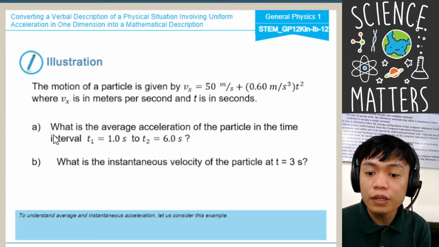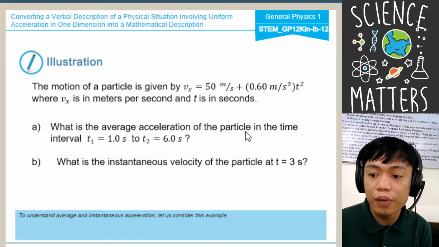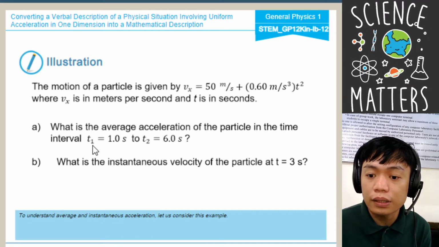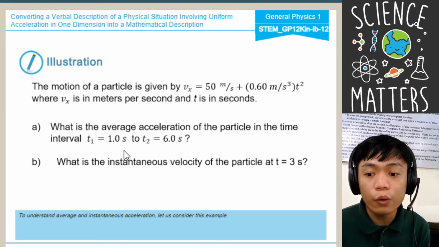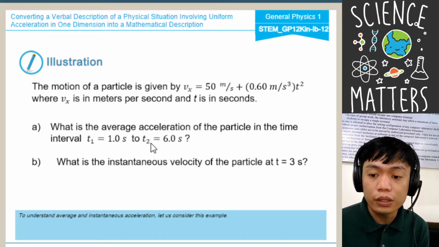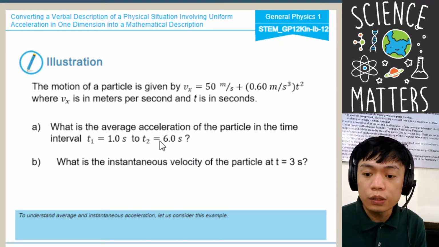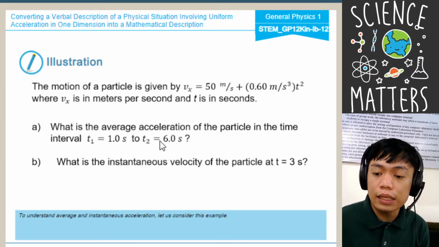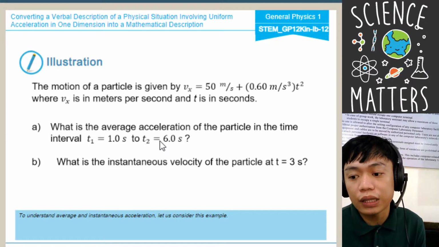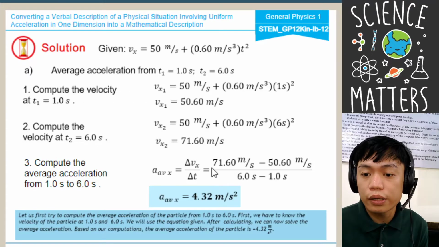The first question: what is the average acceleration of the particle in the time interval t1 equal to 1.0 second and t2 equal to 6 seconds? The second question: what is the instantaneous velocity of the particle at t equal to 3 seconds? Let us try to solve this.